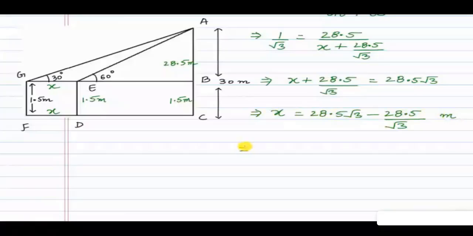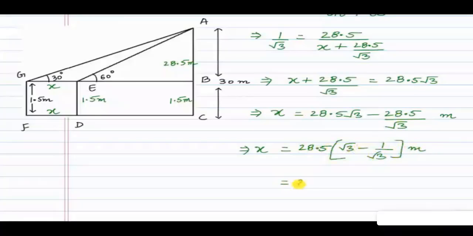Now from these two terms we can take 28.5 common. So taking 28.5 common, inside the bracket we'll be left with root 3 minus 1 by root 3 meters.